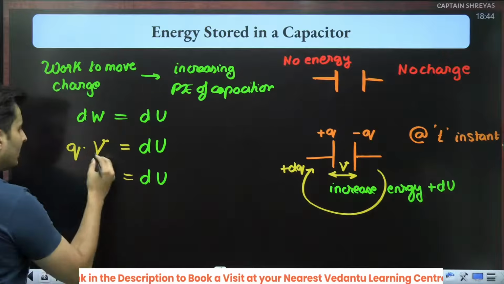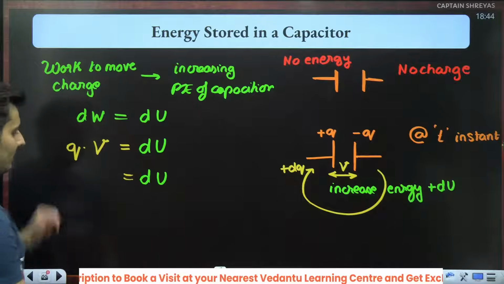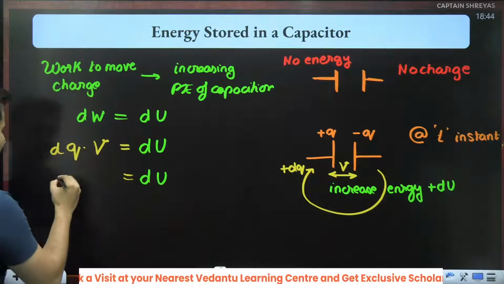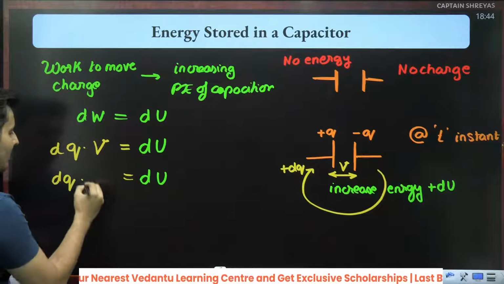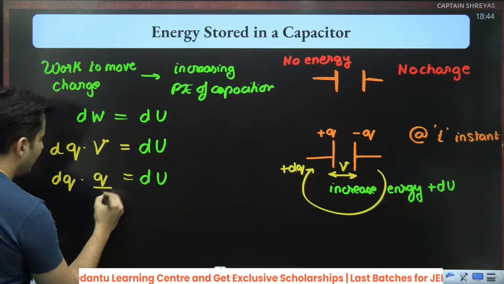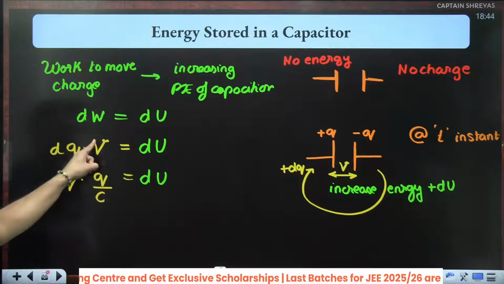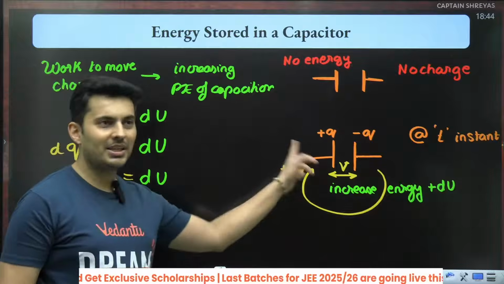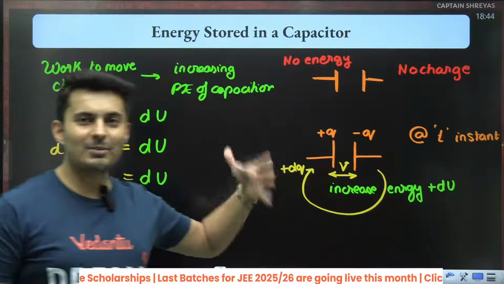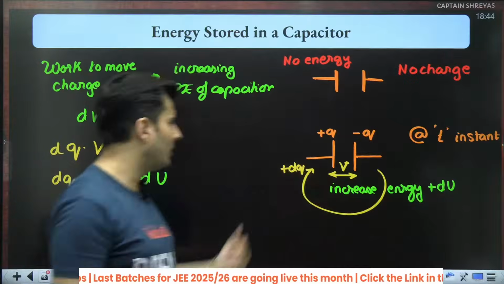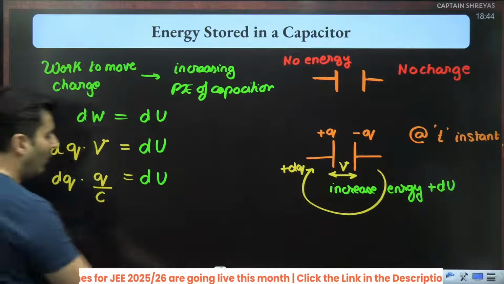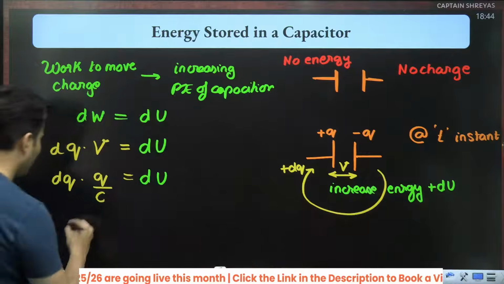Somehow, yes. By the way, this was dq, so sorry. The voltage is nothing but Q by C, the charge at that moment upon the capacitance. Voltage changes, charge changes. The voltage keeps increasing, charge keeps on building. Perfect. So now I know what to do next.